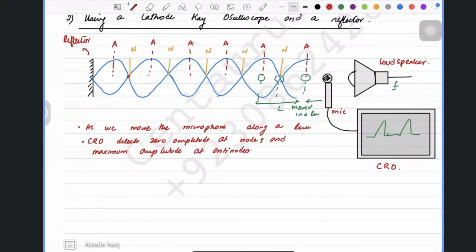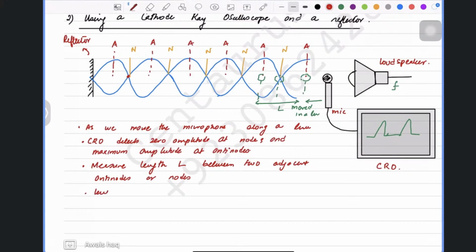Then measure length L between two adjacent antinodes or nodes, and you can know when two nodes have formed by looking at the screen from the CRO.